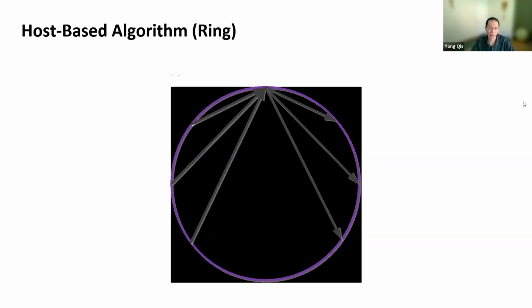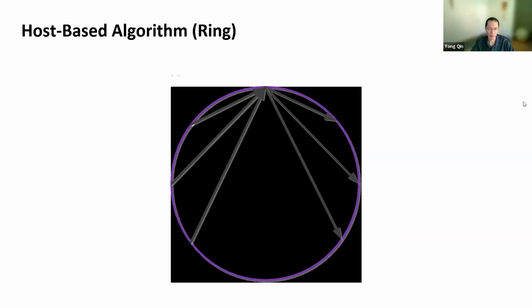Basically, for a particular MPI communicator, we can assemble all the MPI ranks on a ring. And then for a particular MPI rank, like for example the one in the middle there, at any given time it can send its own data to multiple other ranks on the ring.